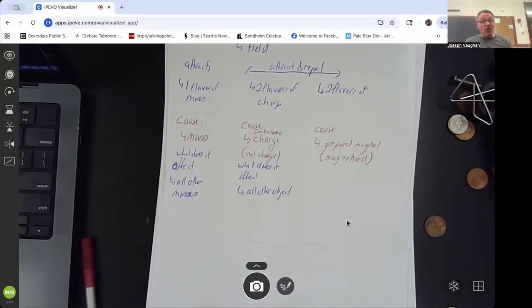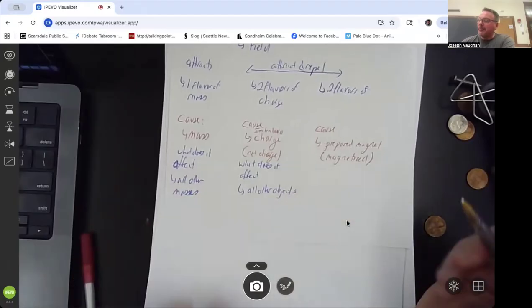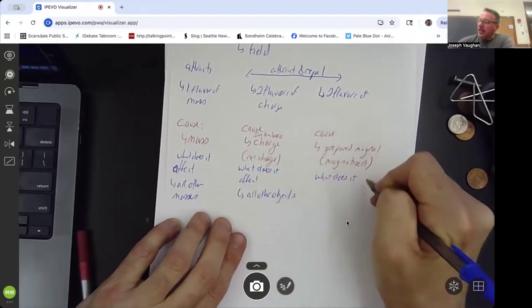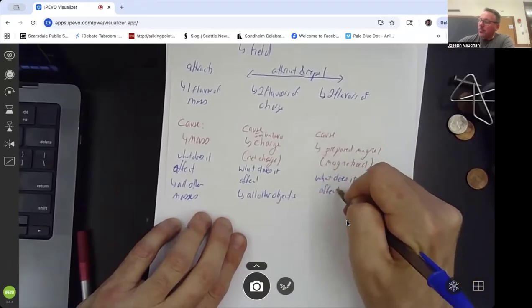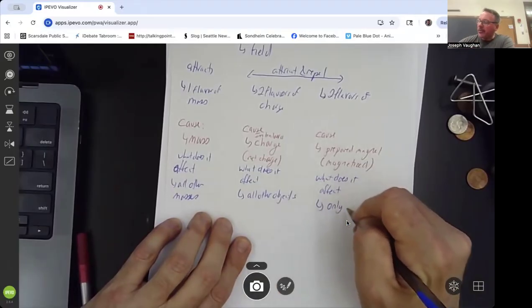But we also saw that it would interact with neutral objects and polarize them to cause them to be attracted. So that's why I'm going to say all other objects. But what does the magnet affect? What we saw here is it only affected metals, and not even all metals, only some metals.